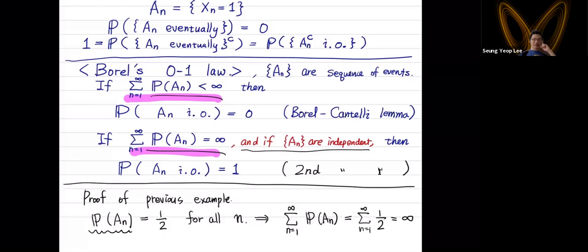The summation will diverge. And according to the second Borel-Cantelli lemma, we obtain that the probability of A_n infinitely often is equal to 1.